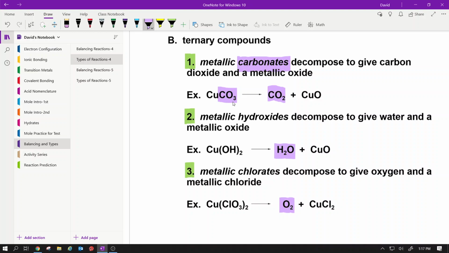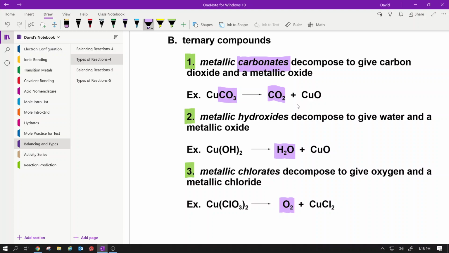CO2, carbon dioxide. Guess what's produced? CO2, carbon dioxide. There's an additional oxygen which also combines with the metal. But if you just recognize that a carbonate makes a carbon dioxide, then you can look at what's left, the metal and an oxygen, and put them together.